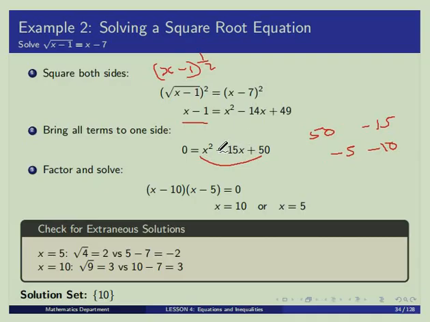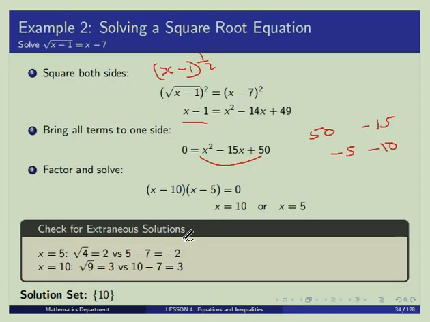Then you substitute in place of minus 15x and factorize. You get your solution as x equals 10 and x equals 5.